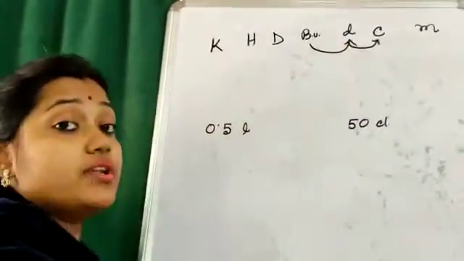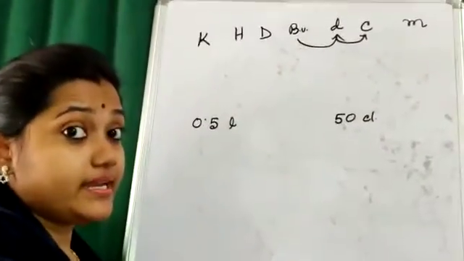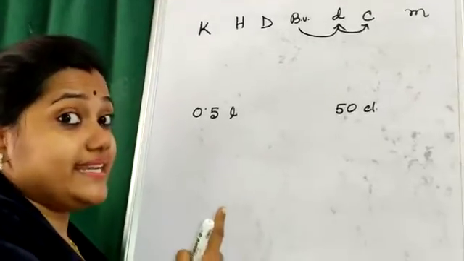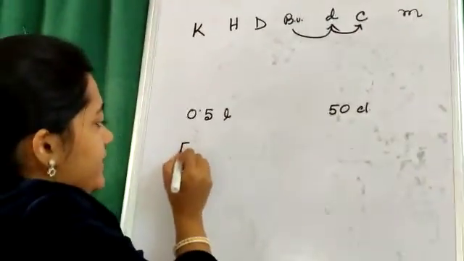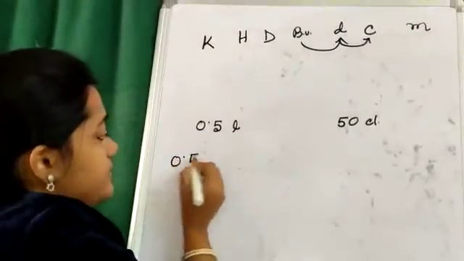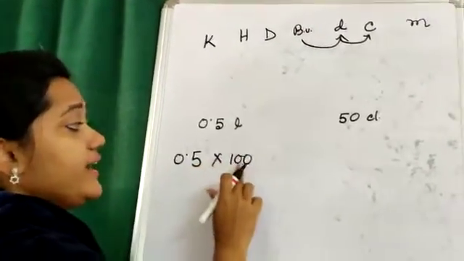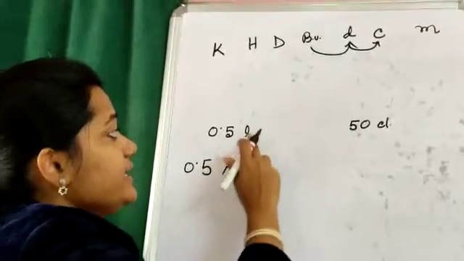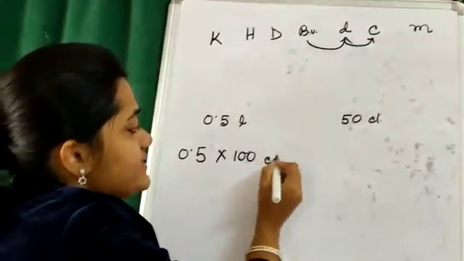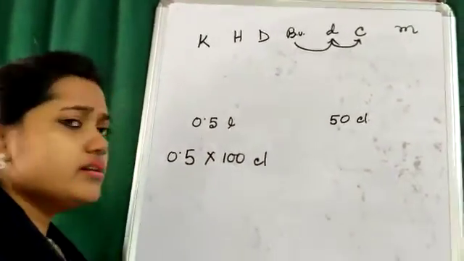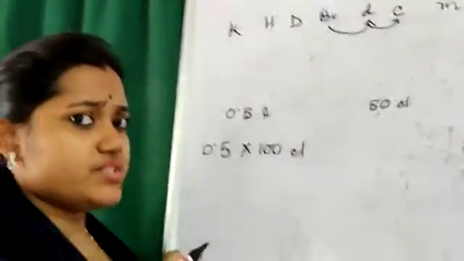Since bigger to smaller unit, we need to multiply by 10 to the power 2. That is 100. So, let us multiply into 100. And when I have multiplied by 100, this liter will be converted as centiliter. Okay, this much is fine.